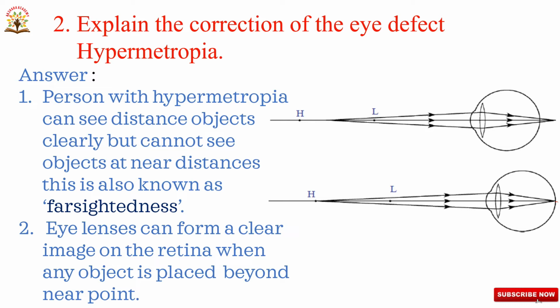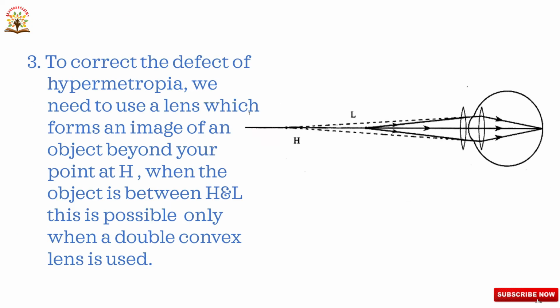Now we are going to the correction of the eye defect hypermetropia. Now we'll discuss what the correction of the eye defect hypermetropia is. To correct the defect of hypermetropia, we need to use a lens which forms an image of an object beyond the near point at H. When the object is in between H and L, this is possible only when a double convex lens is used.